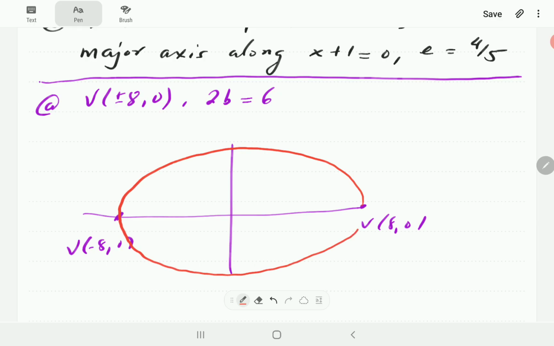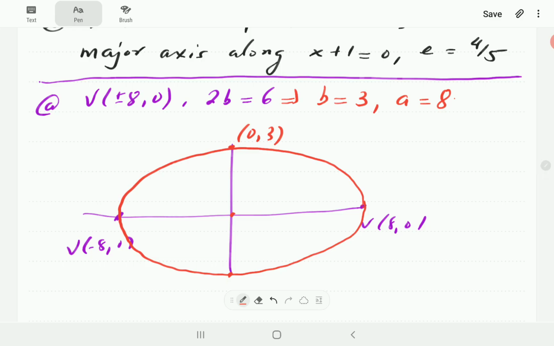The major axis is horizontal, and since 2b is equal to 6, it means b is equal to 3. So this is going to be 0, 3 there and 0, minus 3 there. And the distance from the center to each of the vertices is a. So a here is equal to 8.